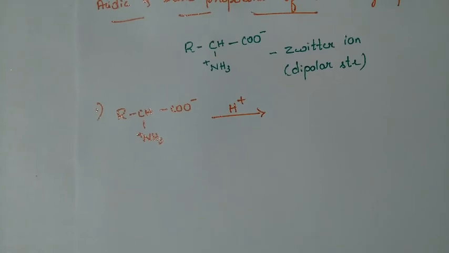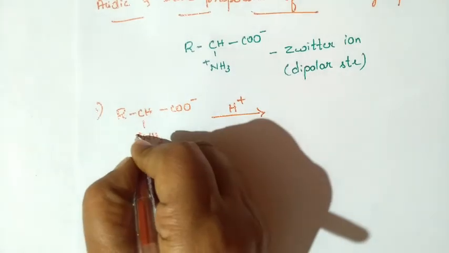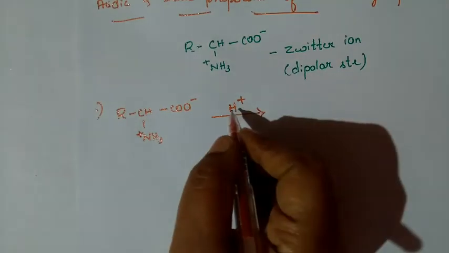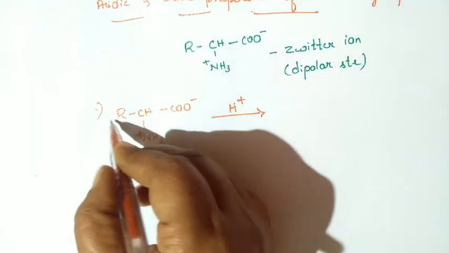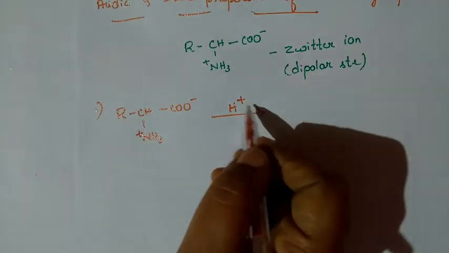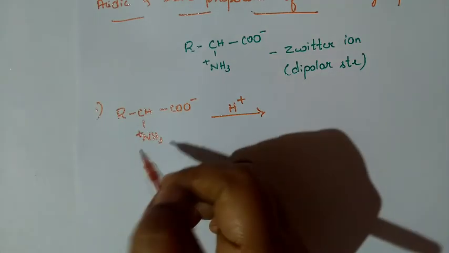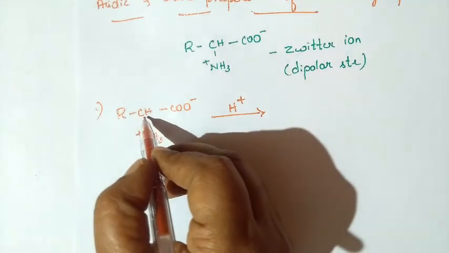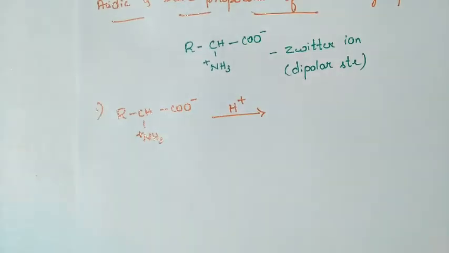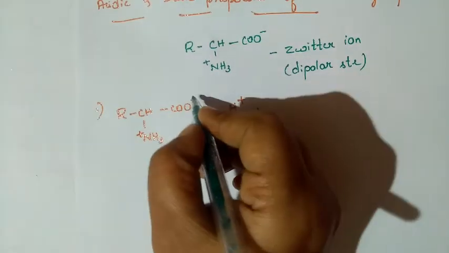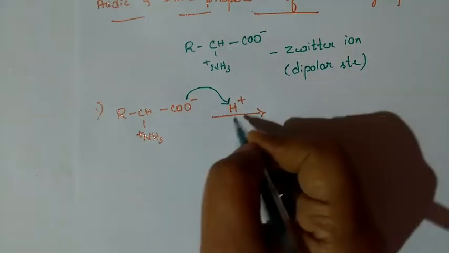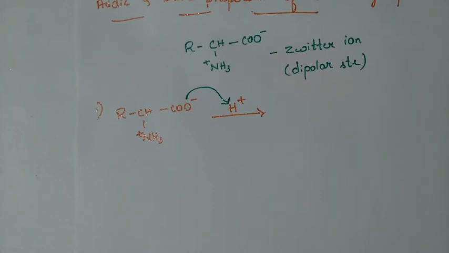H is also H plus, so plus and plus repel each other. We don't have minus charges on the carbon or on the side chain. The negative charge is present on the COO minus group, so the COO minus group is going to attract an H plus ion.